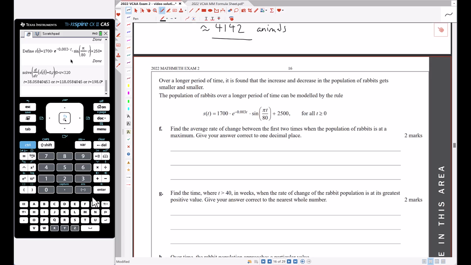Okay, so S dash t equals 0 gives us t equals 38.1, 118.1, 198.1, and 278.1. Okay, and these are the maximums.